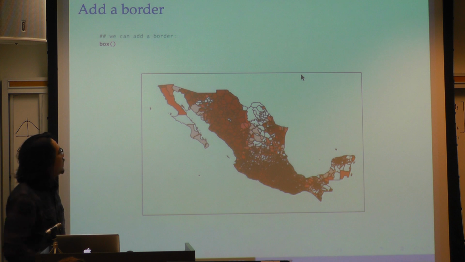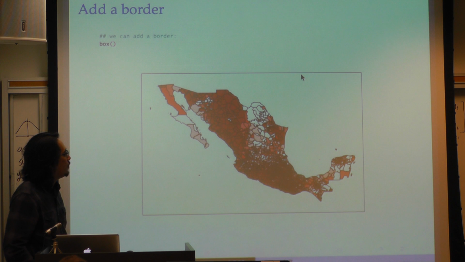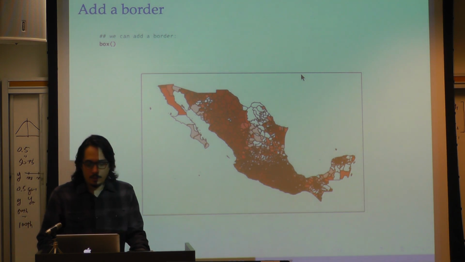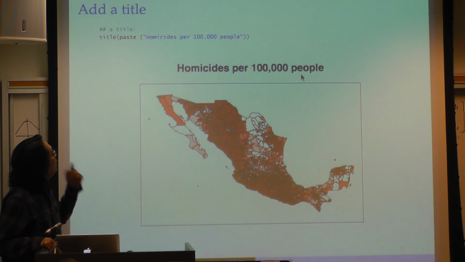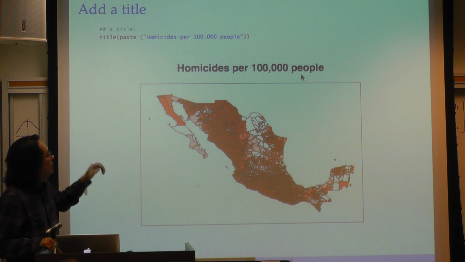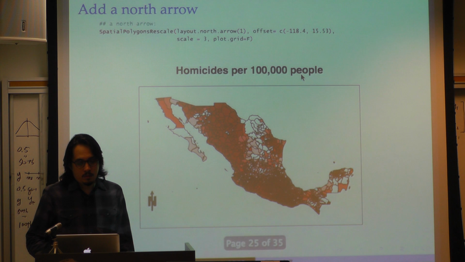Then you have several options. If you type box after creating your plot, it's going to create a frame around the map. You can put the title this way, and this takes less than 1 second.